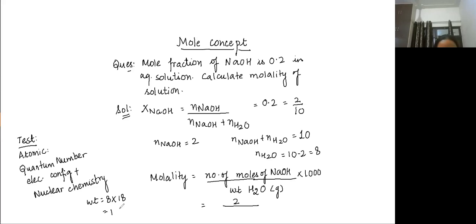This is equal to 144 in 2000. On solving this, you will get 13.9 molal.